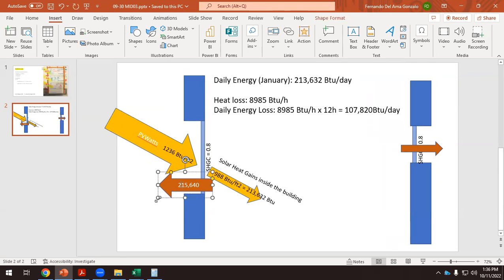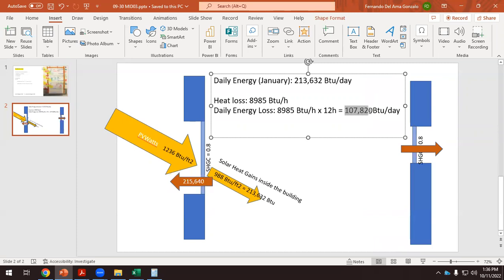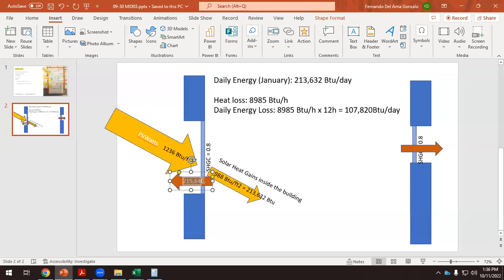So now this arrow is smaller because we don't have 24 hours. Now we are gaining more energy than we are losing through that window. So again, it's even better.